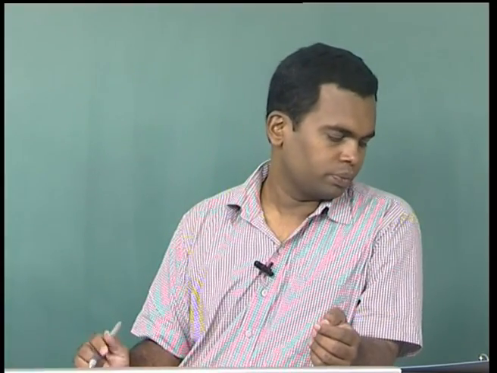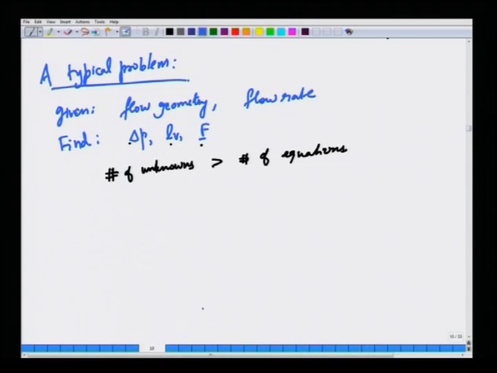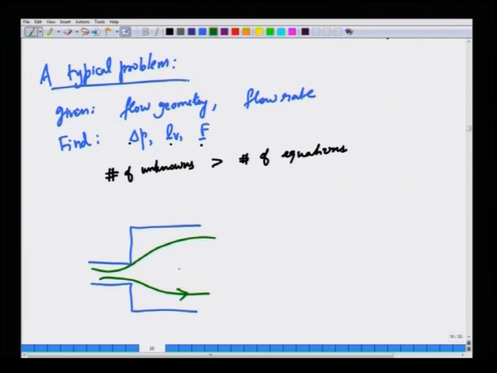For example, I am going to illustrate this situation in the case of an expansion. You may have a channel which is expanding suddenly, and fluid is flowing through it at steady state.